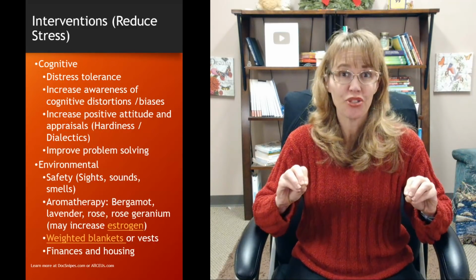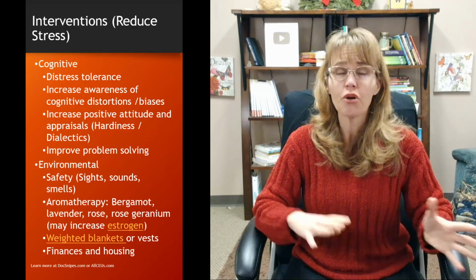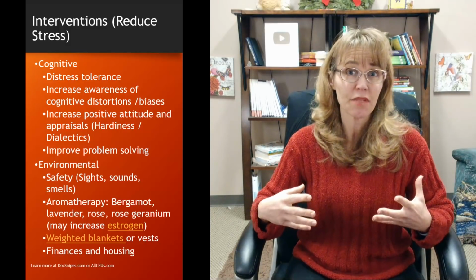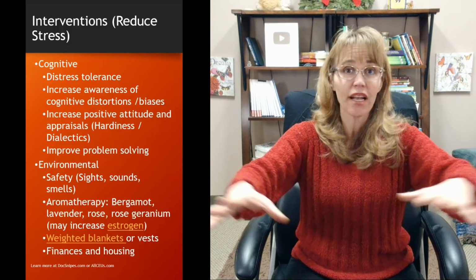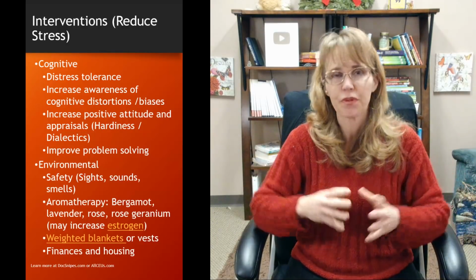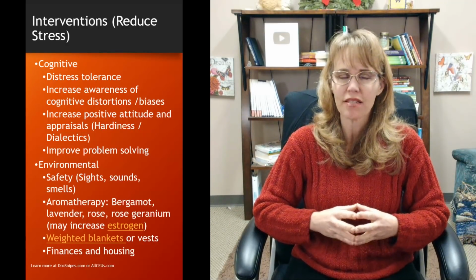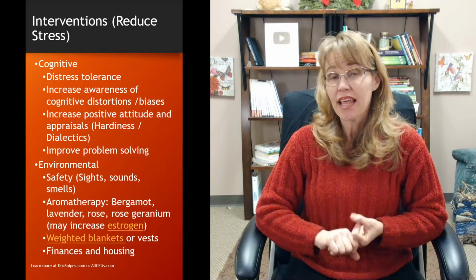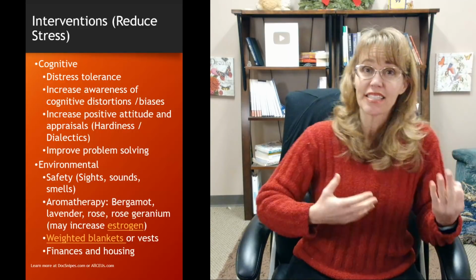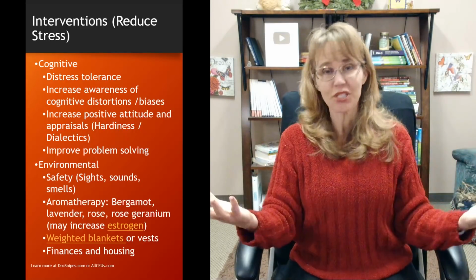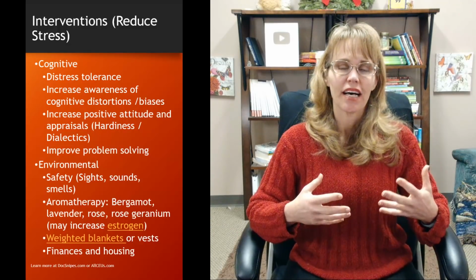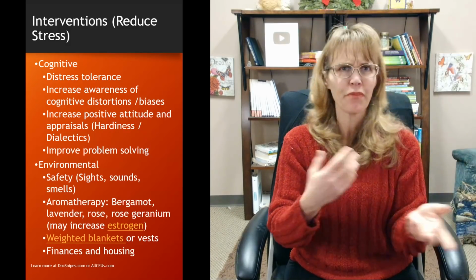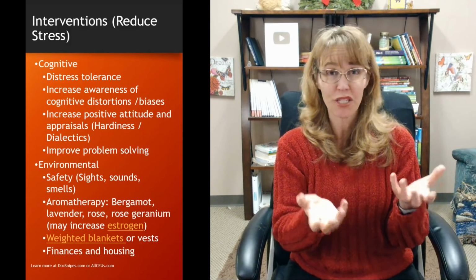G stands for guided imagery. Guided imagery can help people go to a safer place or a happier place, or even visualize themselves successfully handling whatever the issue is. But that can help downregulate that stress response. And S is sensory. Sights, smells, and sounds that can either trigger the relaxation response, like pictures that make you happy, or comedians that make you laugh, or aromatherapy, chamomile, lavender, or something that triggers a relaxation response.